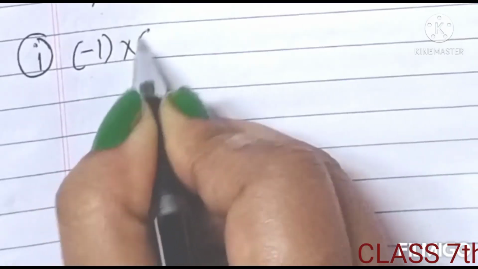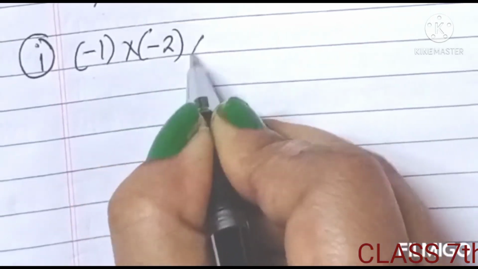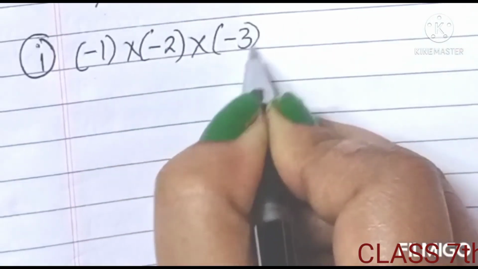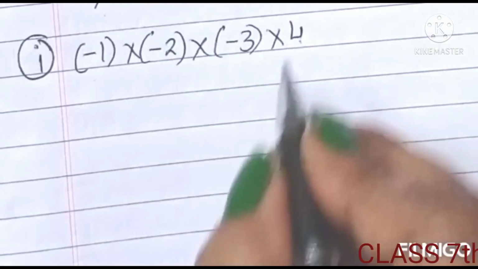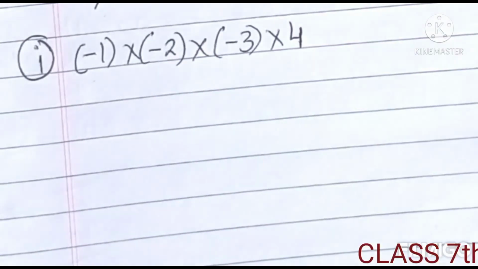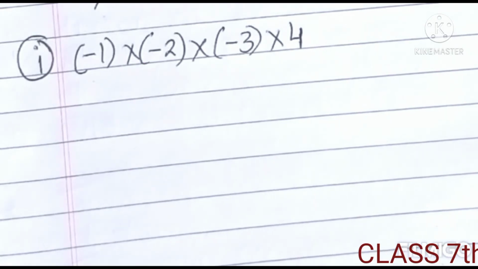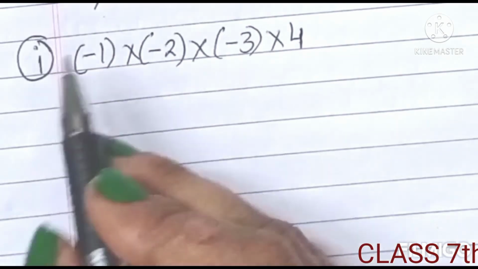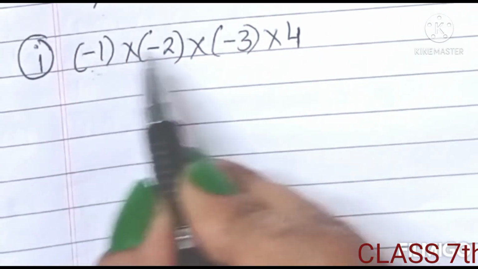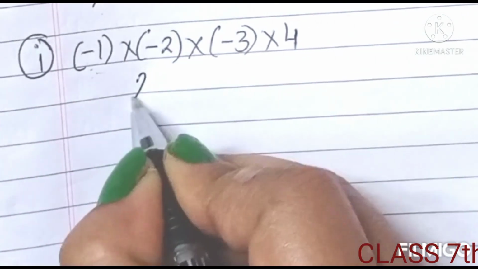1 into minus 2 into minus 3 into minus 4. Now the 4 integers are given, so let it be either 4 or 5 or 6 integers are given. Nothing happens, all are same. What we have to do, we have to simply multiply and we have to see the minus signs. So first let us multiply these two integers. 1 2s are 2 or 2 1s are 2.